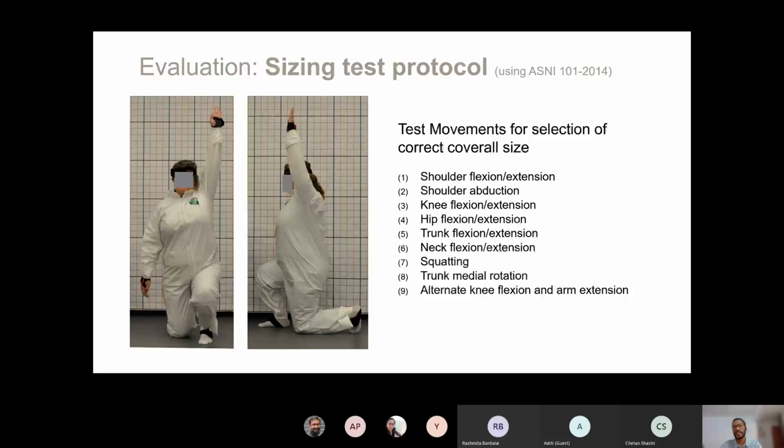This was done in accordance with an industry standard, ANSI 101, where ANSI stands for the American National Standards Institute.